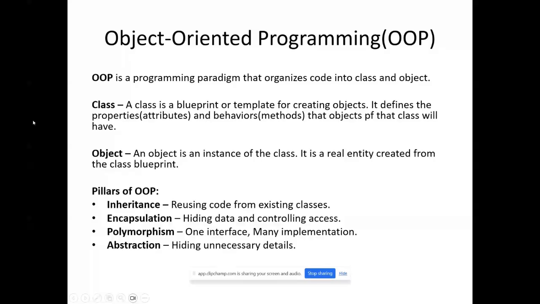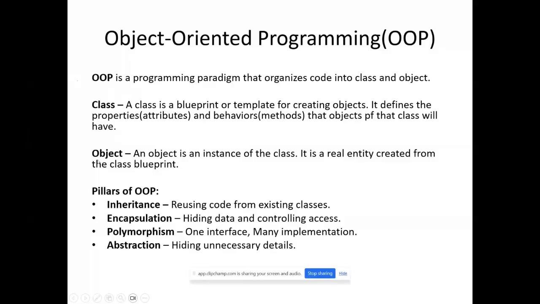Class provides a blueprint, and it is not a physical entity. It just provides the blueprint or template on how to create the objects. And objects are the real entities which will be created from the class. So this is about class and objects.